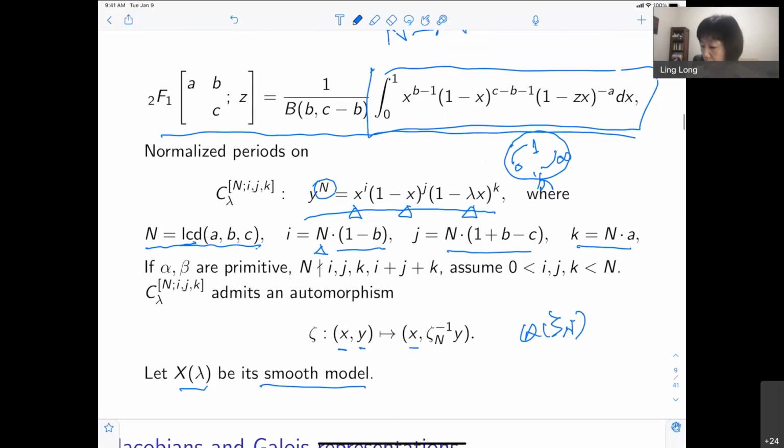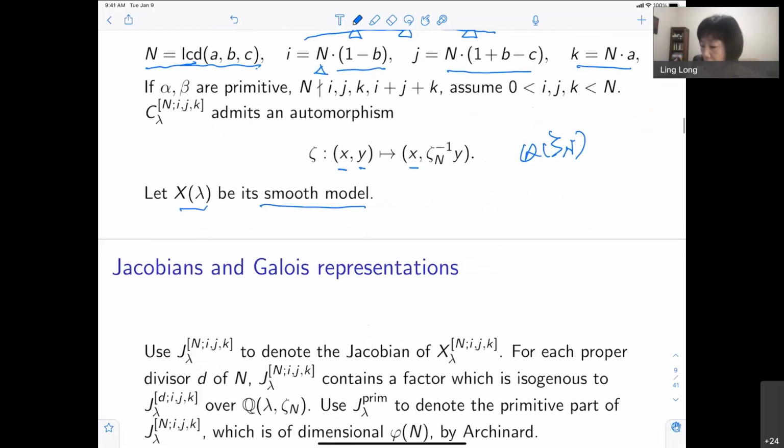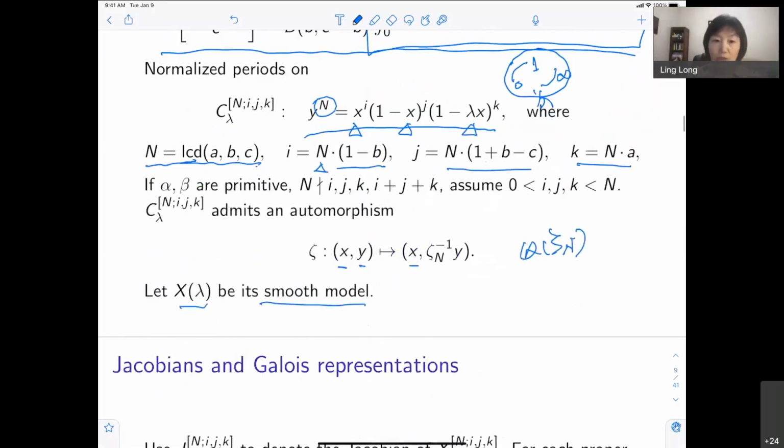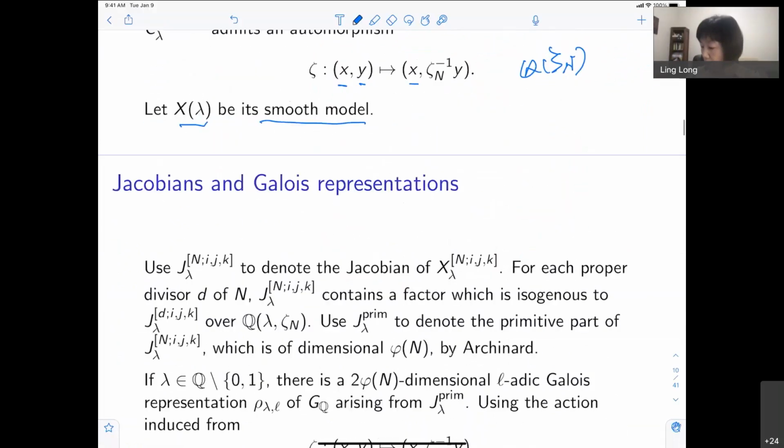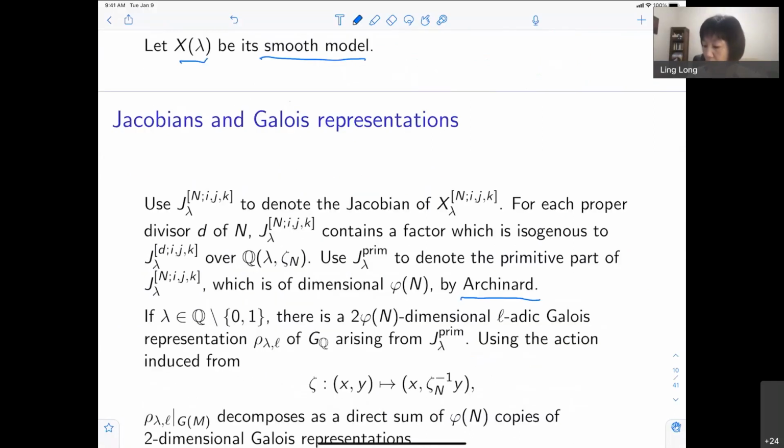There is a lot of computation on such curves, which we call generalized Legendre curves, by the work of Wolfart and Archinard. She computed a lot of things very explicitly. What we're interested in today will be the Jacobian of the smooth model. We use the superscript to denote which Jacobian we are computing from.